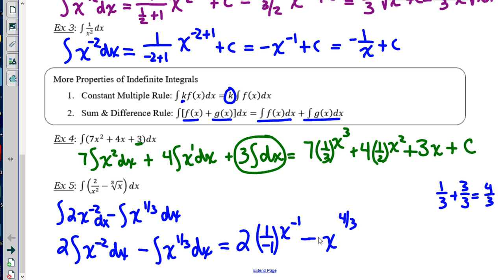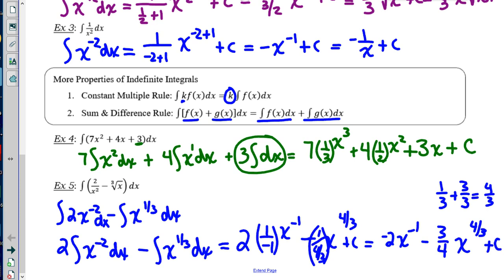And I have a 1/4 right here. This looks terrible, and I apologize. And then plus c, and I'm going to rewrite because I can't see this. So -2x to the -1 minus 3/4 x to the 4/3 plus c.